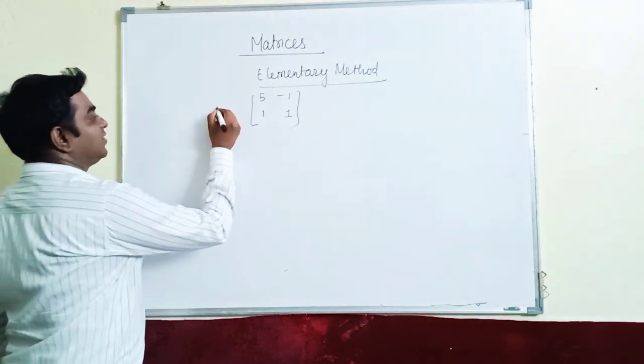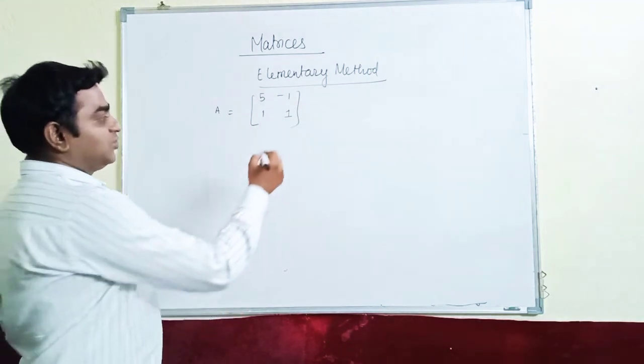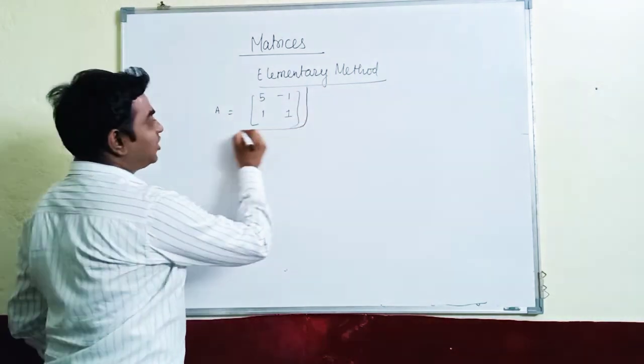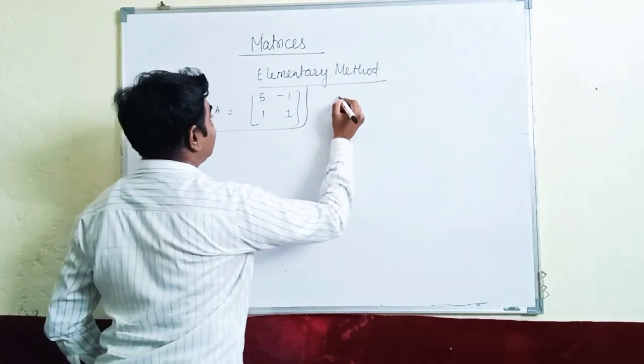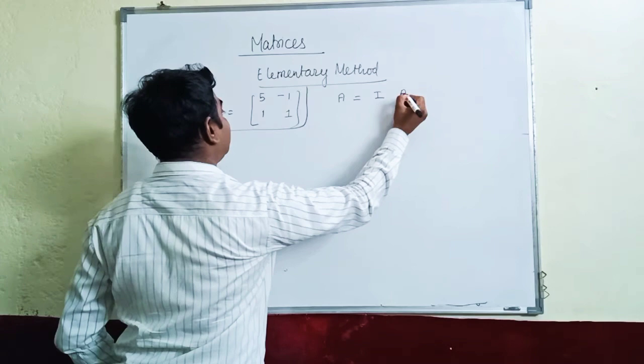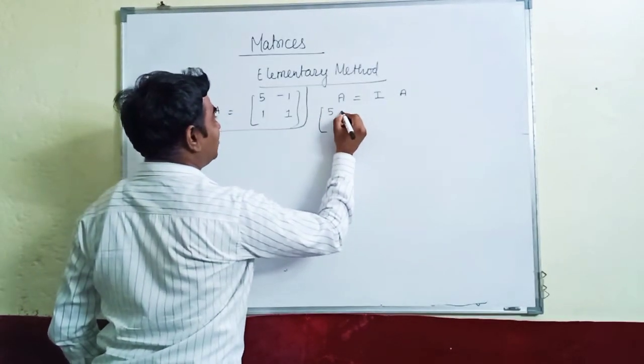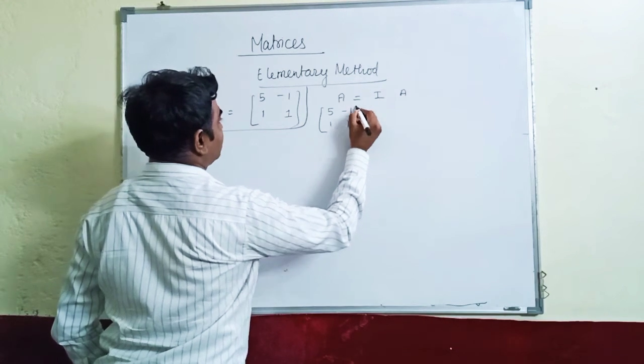So here A equals this question that is mentioned. And here you start from the very first operation. A equals I into A, you have to write. So here instead of A you will write 5, minus 1, 1, 1.